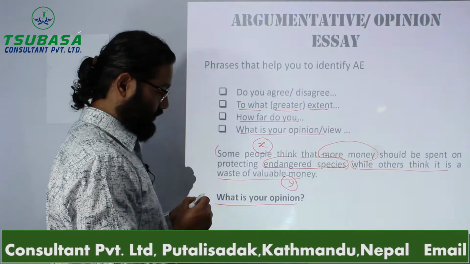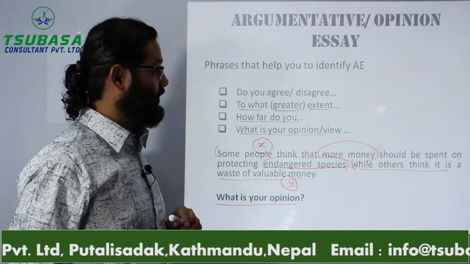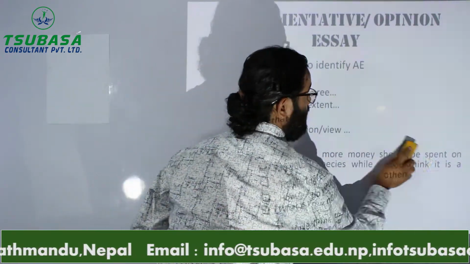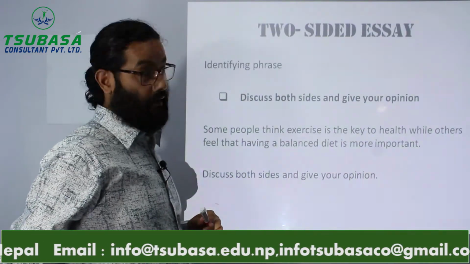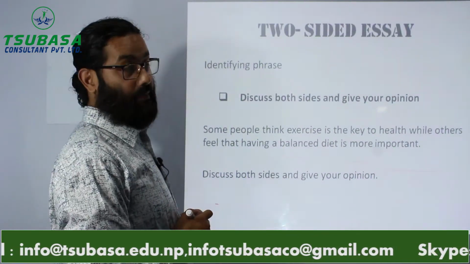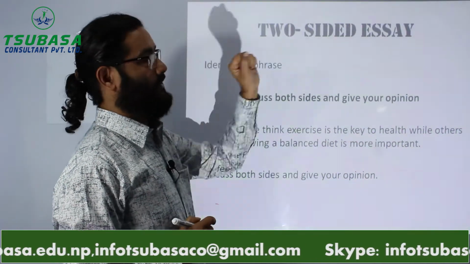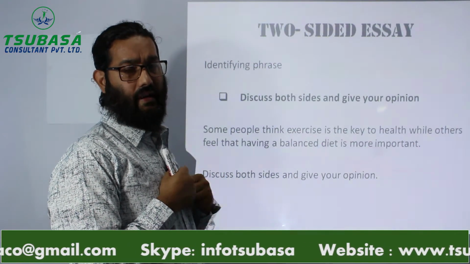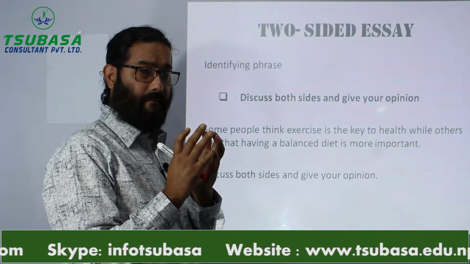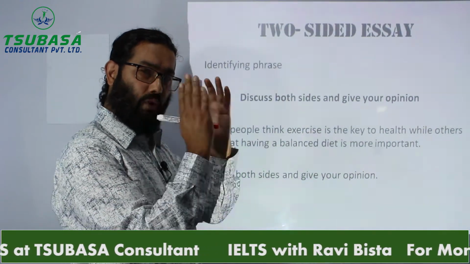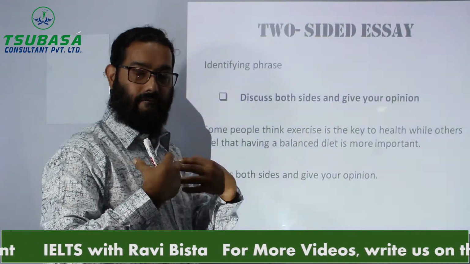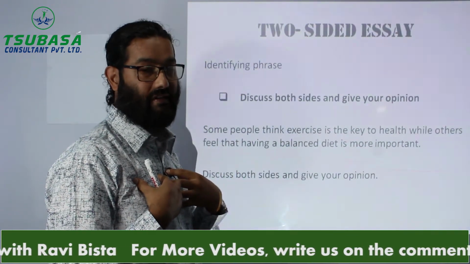Now, let us move on to the second type of essay. Okay, here we go. The second type is two-sided essay. What do you mean by two-sided essay? In this type of essay, you have to argue both sides, X side and Y side, and you have to pick your opinion or your side.